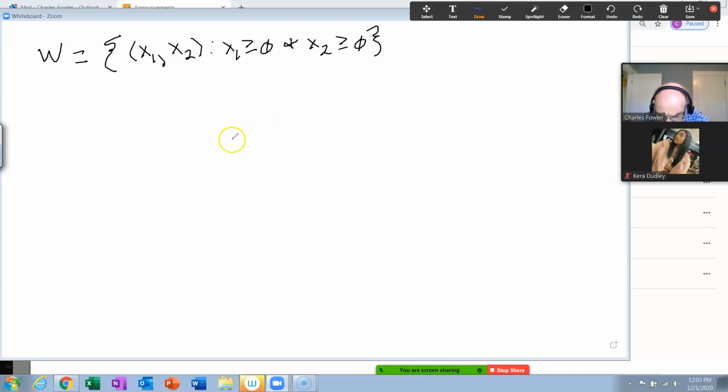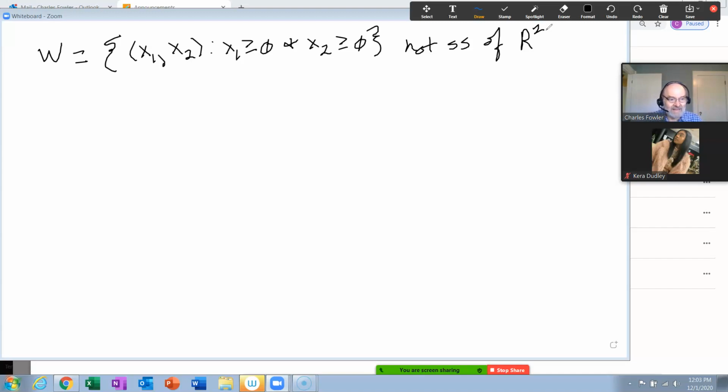Okay. With standard operations, show that it is not a subspace of R2. Now R2 would be the set of all ordered pairs x1, x2. Okay? Now, it says show this is not a subspace of R2.